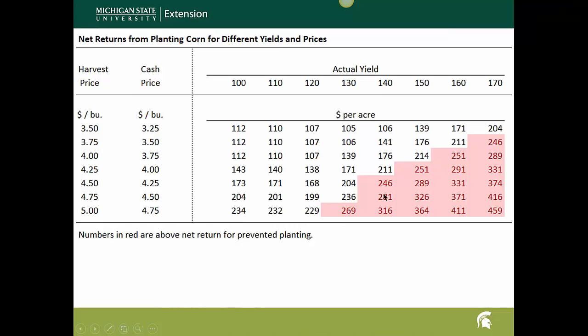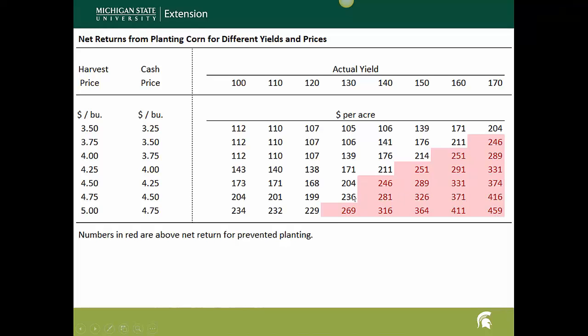Numbers in red mean that the revenue is above the net return for prevented planting. So prevented planting is a better option if we're down in the white area, whereas in the colored area with high prices and high yields, of course, it makes more sense to plant corn versus go with the prevented planting.